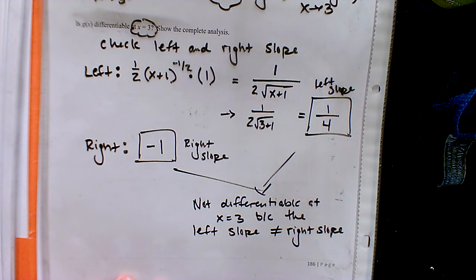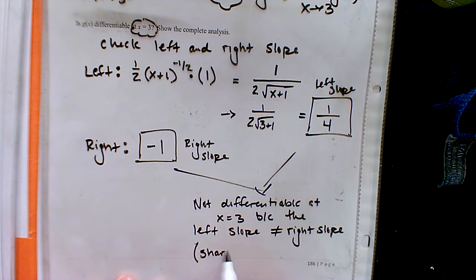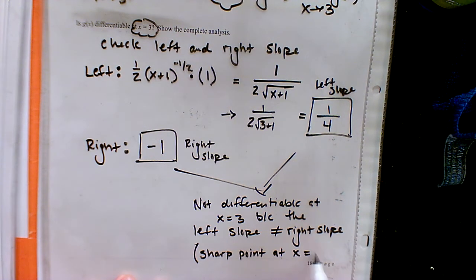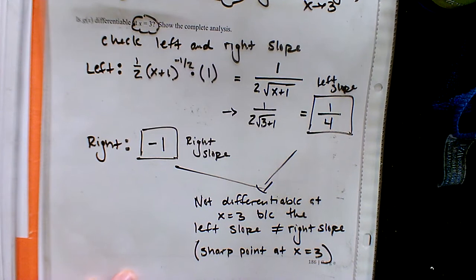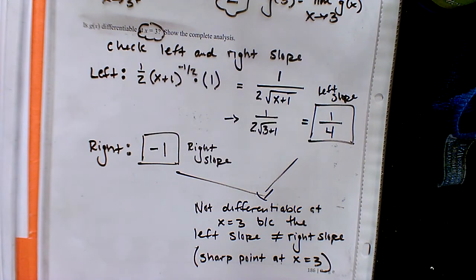So in terms of a graph, if we actually had a picture, we can say there is a sharp point or a cusp at x equals 3. We know we're continuous at 3, so the left and the right side are meeting up, but they're just not meeting up smoothly. And that's not creating a derivative for us, a slope at one point.